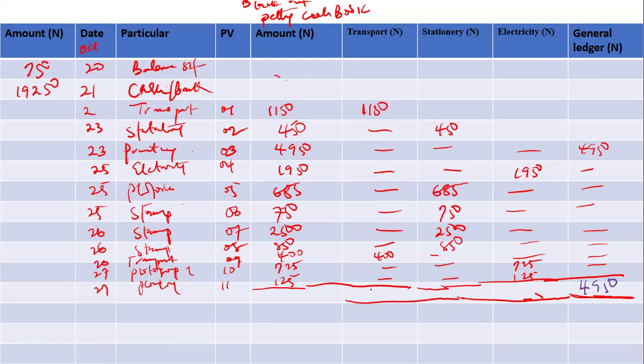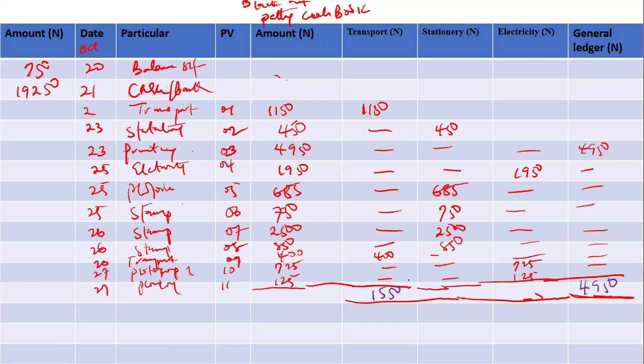Now, this one is 1550. You can add the rest too. Let's have that for 415 plus 685 plus 715 plus 2500. As I'm punching, I believe you are also punching yours.